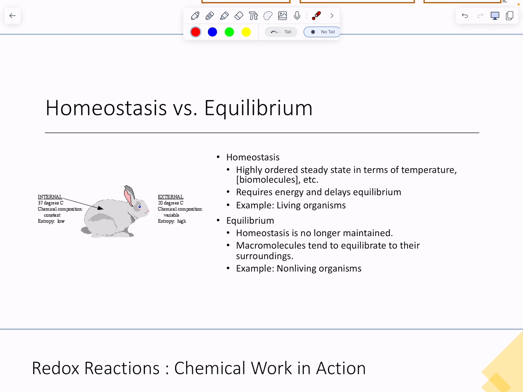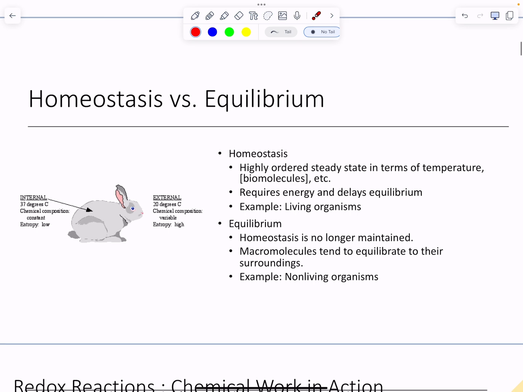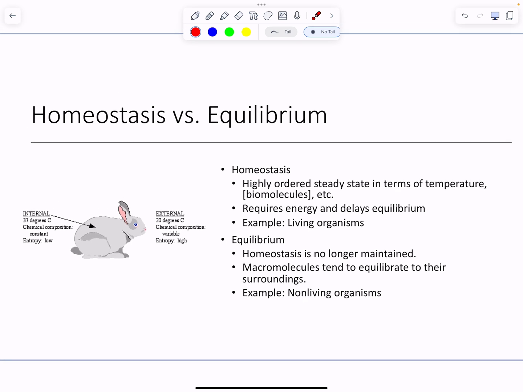All right, so in order to be able to do work, as Gabby said, we have to be in a state of homeostasis. What we mean when we talk about homeostasis is that we've got an organism that's in an ordered state. We're not just blobs of molecules floating around. There's an organizational structure to it, and that includes conditions like temperature, but it also includes where molecules are and how much of them are in different places.